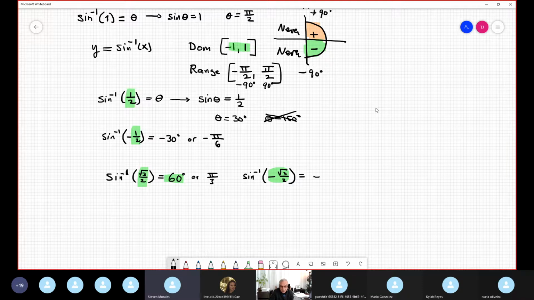It is negative pi/4. Okay, negative pi/4. So actually, we have two angles. The sine is negative in the fourth quadrant and in the third quadrant. We have in the fourth quadrant negative pi/4 or 7 pi/4.